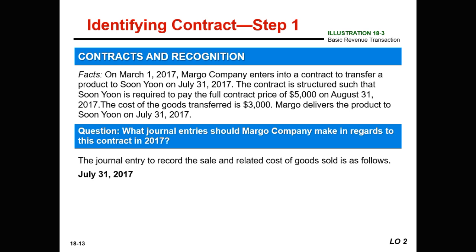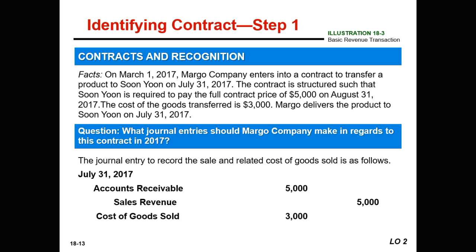We have fulfilled our performance obligation. We have an accounts receivable of $5,000 and then sales revenue of $5,000. Now, assuming the perpetual inventory system, we would have cost of goods sold of $3,000 and a reduction to our inventory of $3,000.